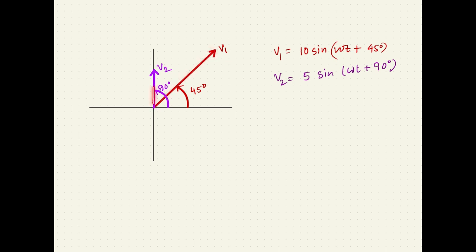For V2, it has a length of 5 since the peak value is 5, and its initial phase is 90 degrees, so its phasor angle will be 90 degrees. Now notice that the angles have been put in the counterclockwise direction. If the initial phase is plus, then we put the angles in counterclockwise directions.